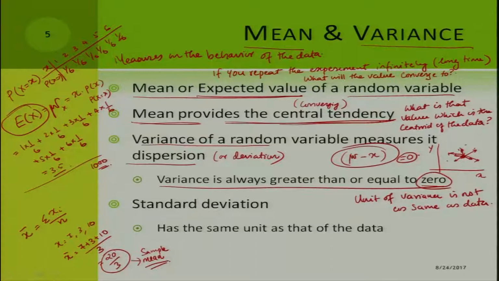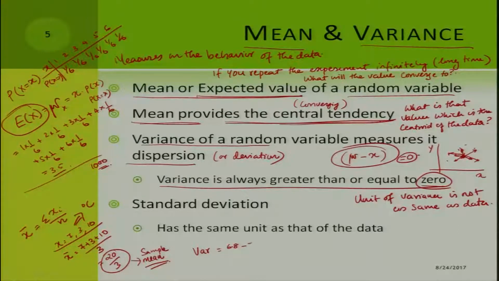So, let us say the unit of these values is degrees Celsius. The variance can be calculated typically with the mean 20 by 3, which is approximately 6.8.